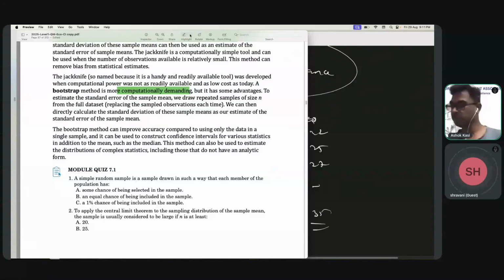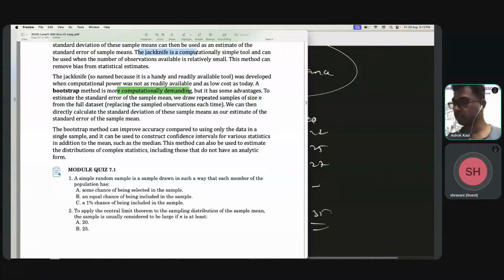Computationally demanding means it requires a huge amount of energy, more time consuming kind of. This kind of theory they may ask. Bootstrap method is more computationally demanding, and when we create more sample means, we get the standard error. Yes, this theory also can be tested.